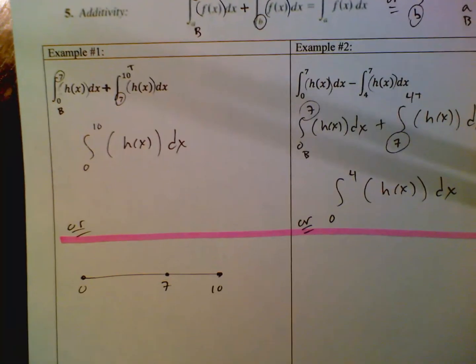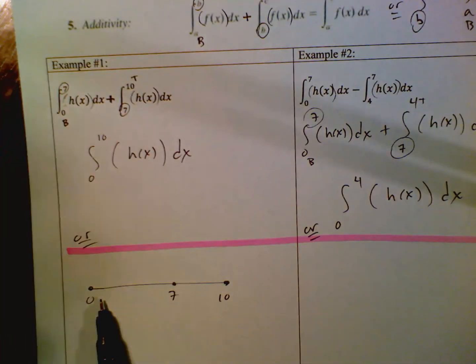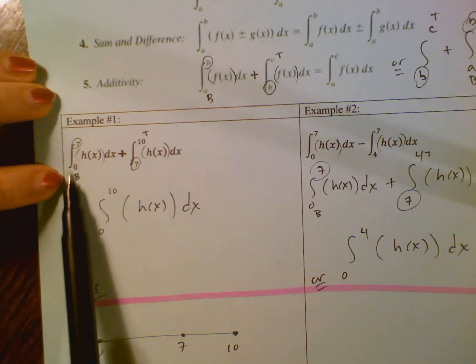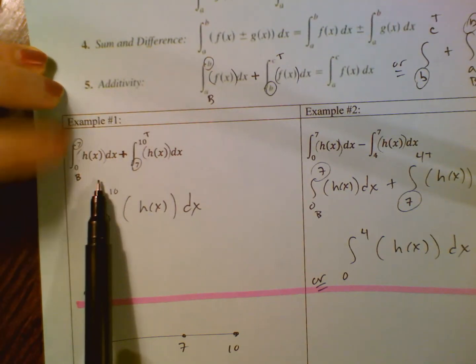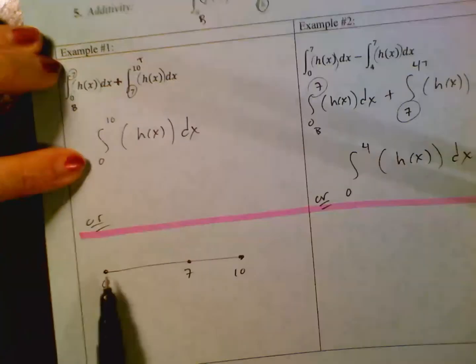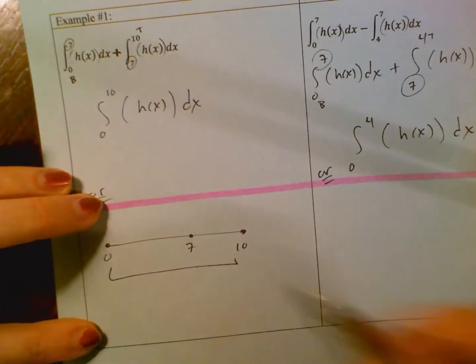It's the same function that we're dealing with, h of x, the area under the curve. So if you put these intervals together, 0 to 7 plus 7 to 10, that would give you this whole thing, 0 to 10.